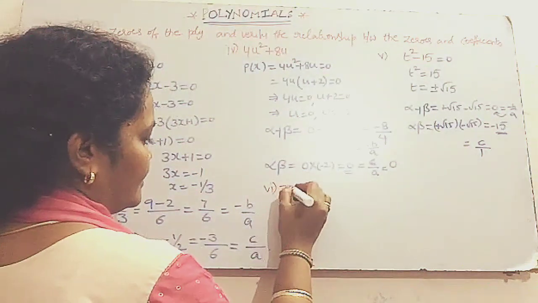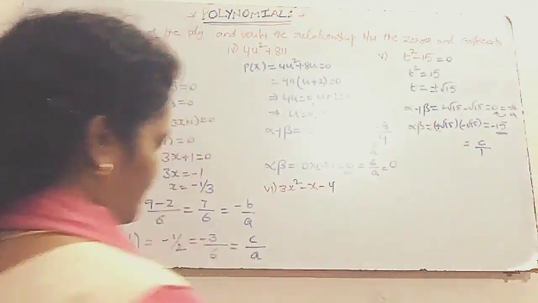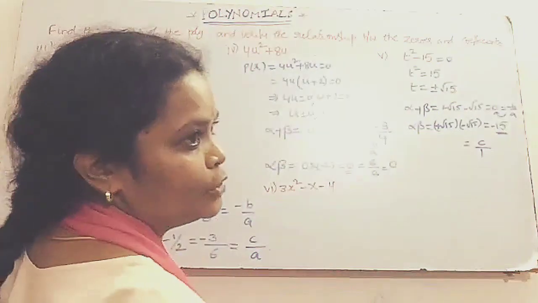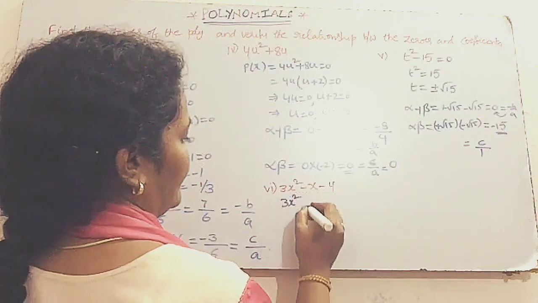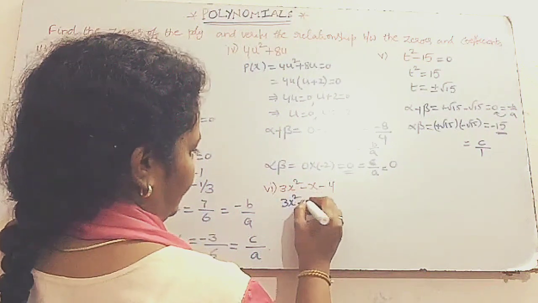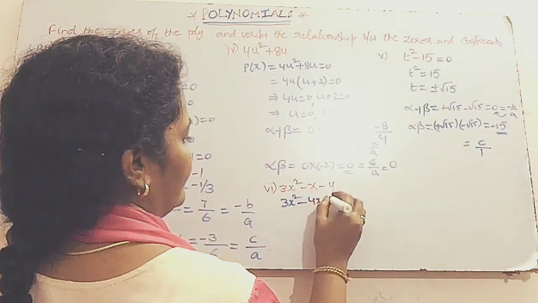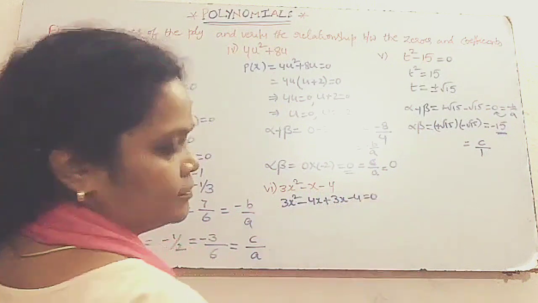3x² - x - 4. So 3x² - 4, 4 3s are 12. That means 3x² - 4x + 3x - 4 = 0.